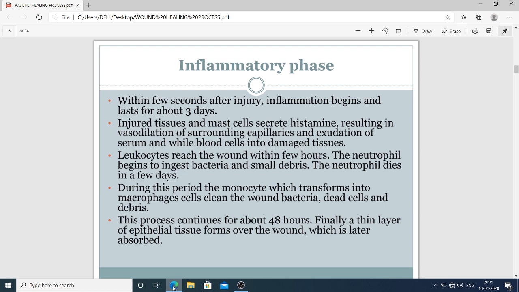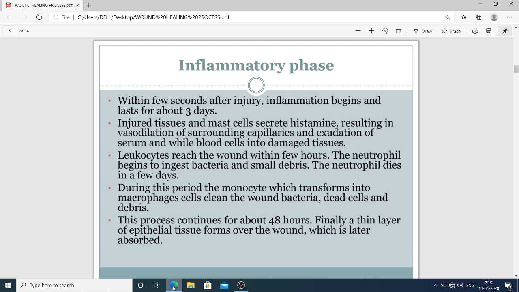Okay, then next is leukocytes. Leukocytes reach the wound within a few hours. The neutrophil begins to ingest bacteria and small debris, and the neutrophil dies in a few days. And what is a leukocyte?